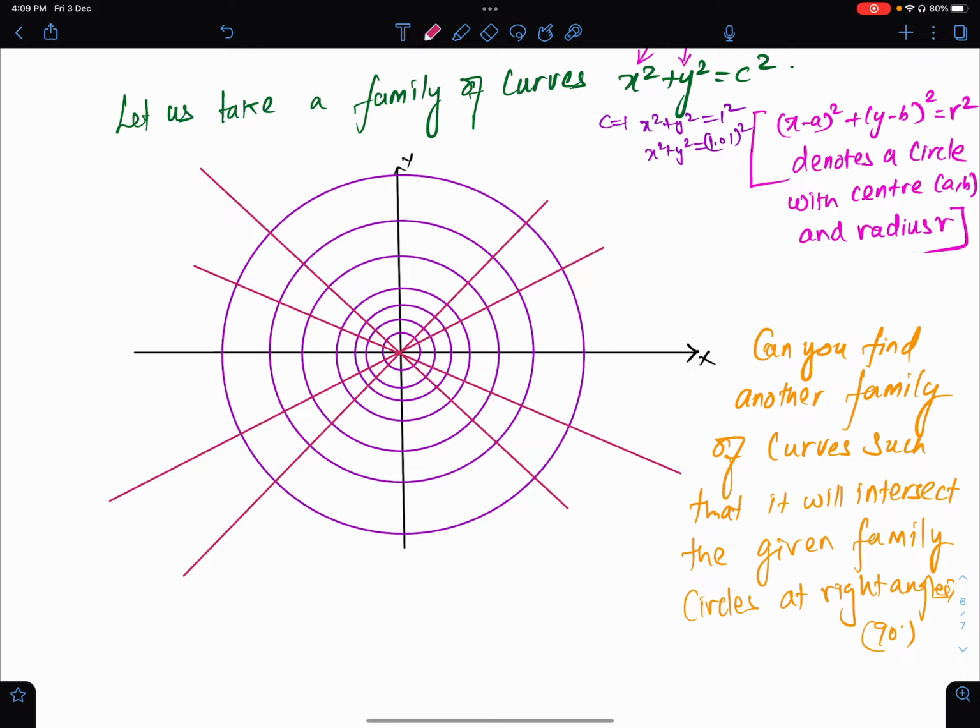These straight lines are intersecting the given circles at right angles. You can check at every point: what is the angle between the circle and the straight line? It is 90 degrees. As long as the straight line is passing through the origin, it is intersecting the family of circles whose center is origin at right angles.